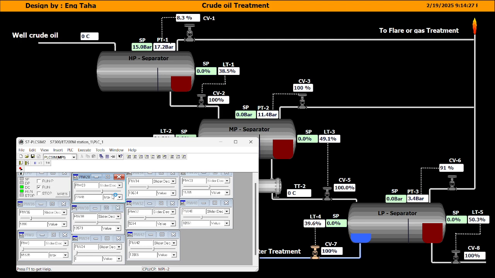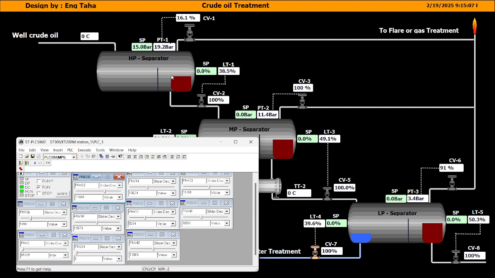When I increase the pressure, the opening will open, and when I decrease it, you will see the opening of the valve is closed. I will increase the pressure. Look at that, the opening is 16.1.